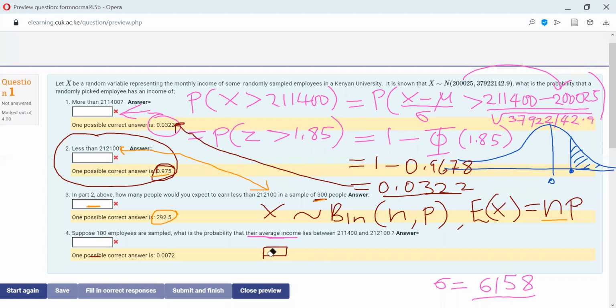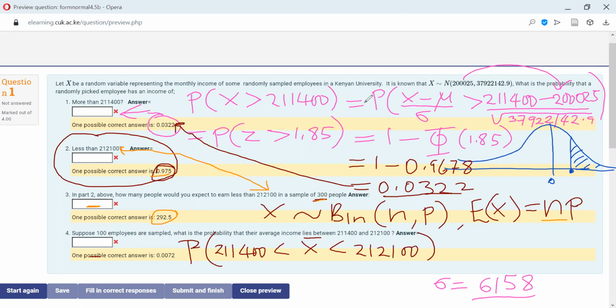Now we move to the last one, which is number 4, and this is where I think the challenge is. Let me first illustrate. So we are going to say the probability that 21,400 is less than, remember this is the mean, so x bar, which is less than 21,100.